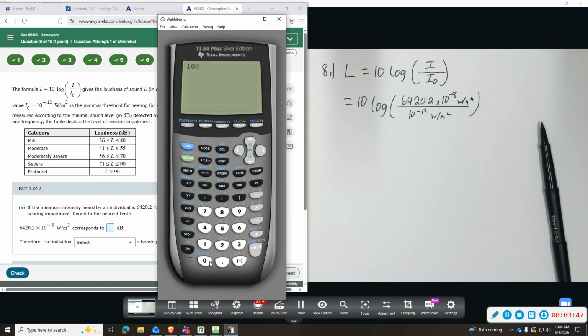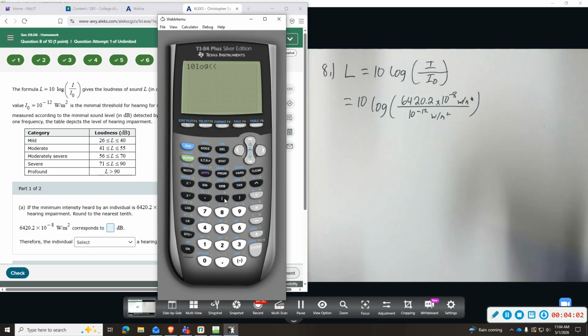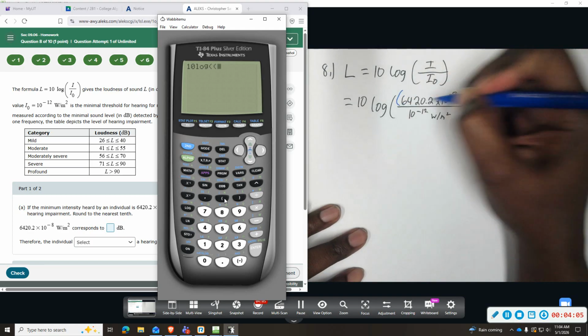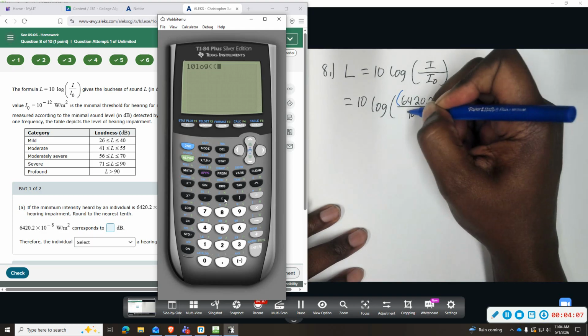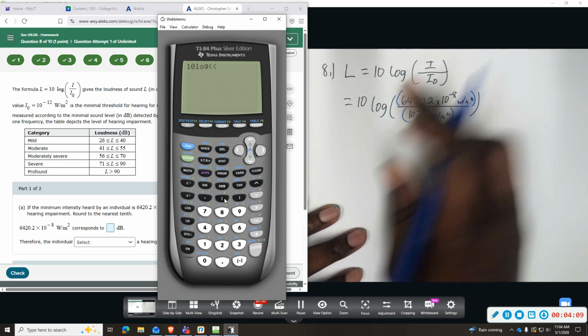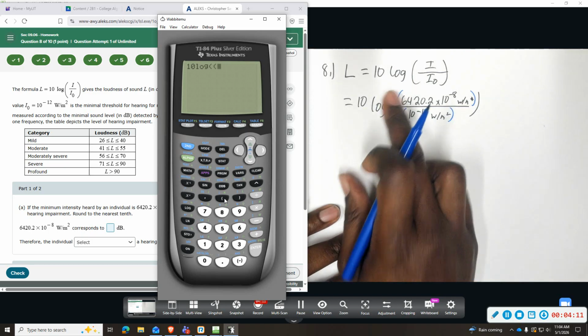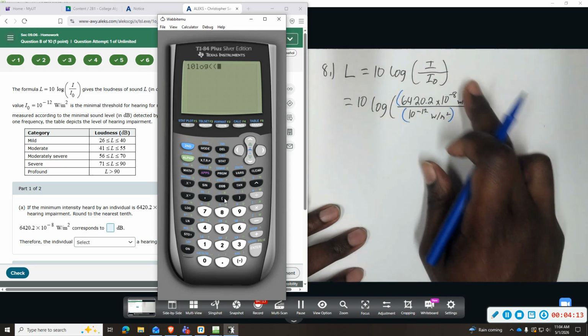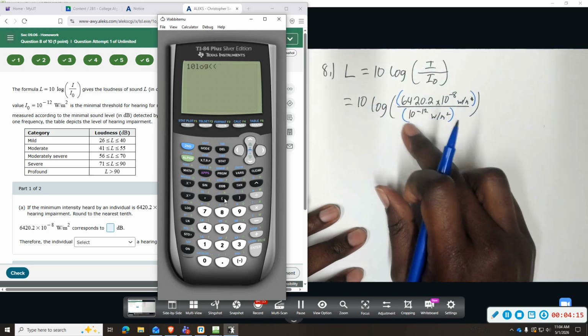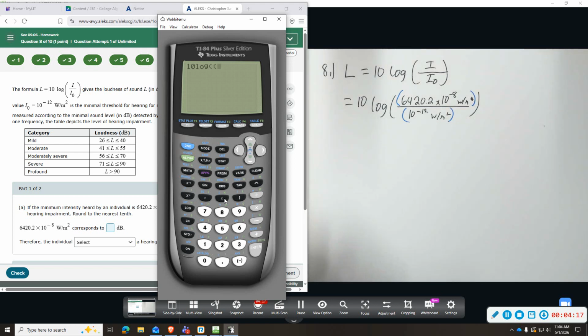So we'll just do 10 log, and just to make sure we don't make mistakes, if you don't have the operating system, you'll have to open up another set of parentheses, and then put the top part in parentheses and the bottom in parentheses, and then close it for the whole thing.